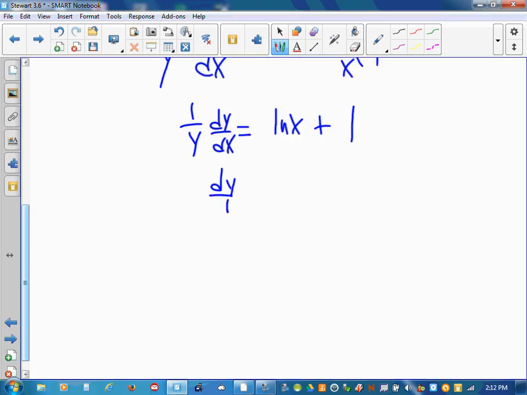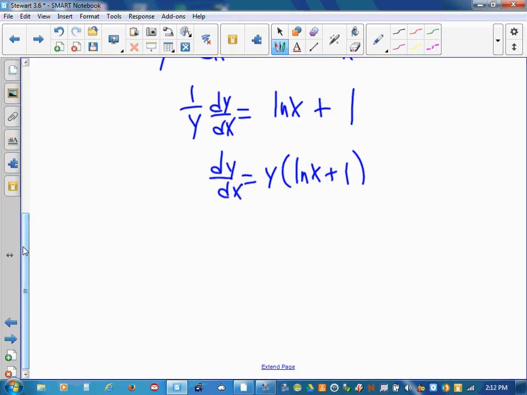So dy/dx is equal to y times natural log x plus 1. And like I said before, it's nice when you can have your derivatives in terms of x. So I know what y is. y is x to the x power. So dy/dx is x to the x power times natural log x plus 1.